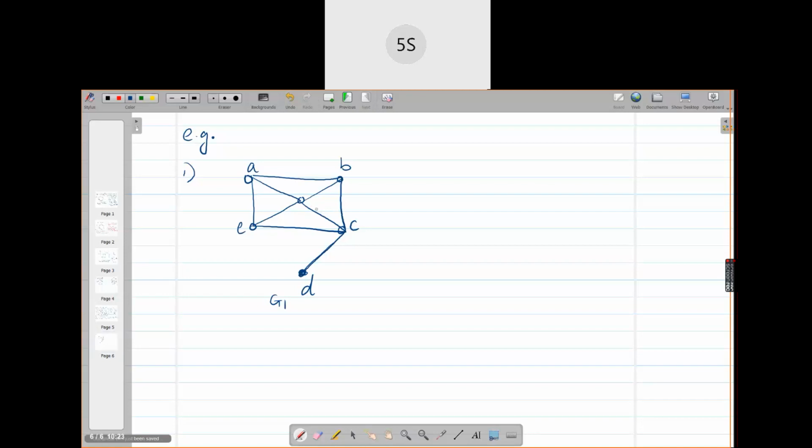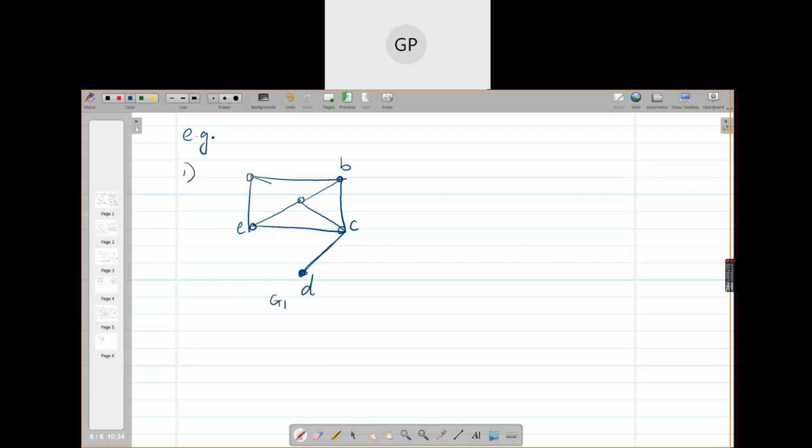No, any vertices of those. Which any vertex? If I delete vertex A, for instance, A is gone, so all these 3 edges will be gone. So is this graph disconnected now? No. The graph is not disconnected.